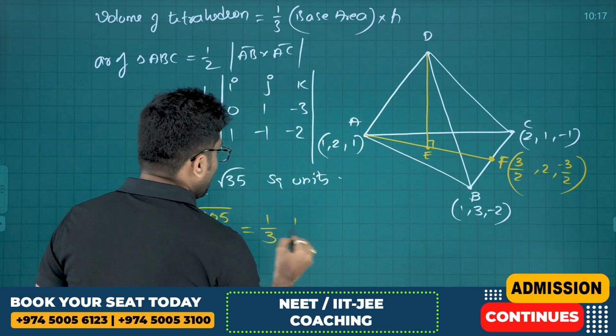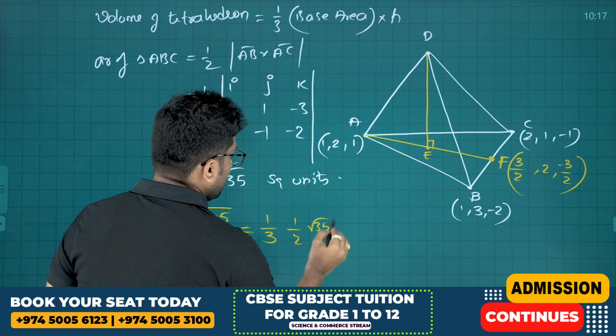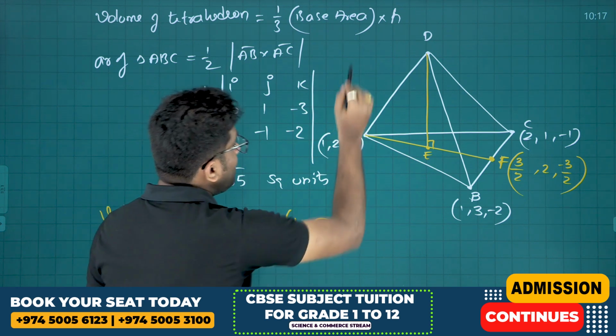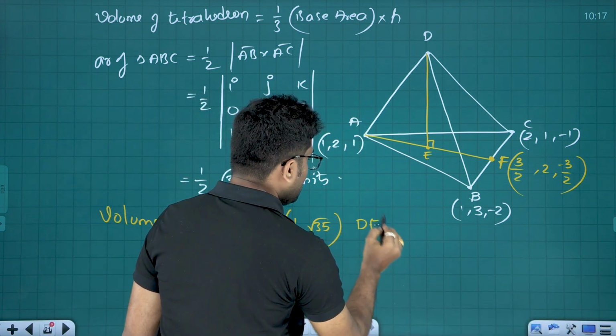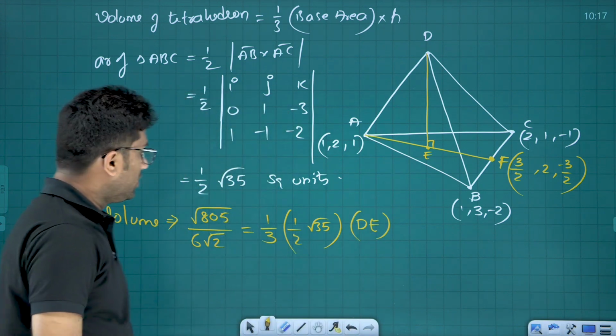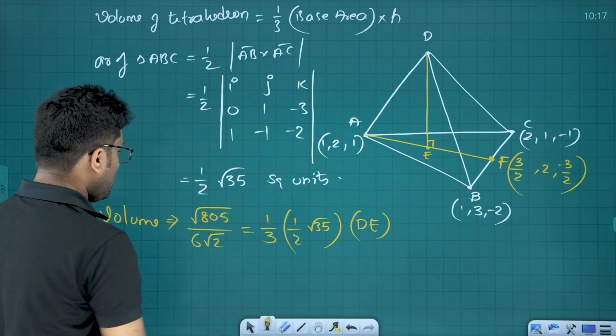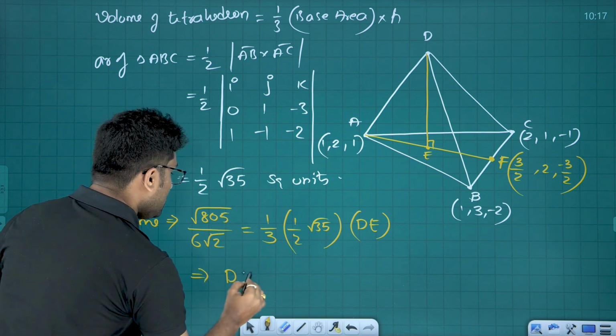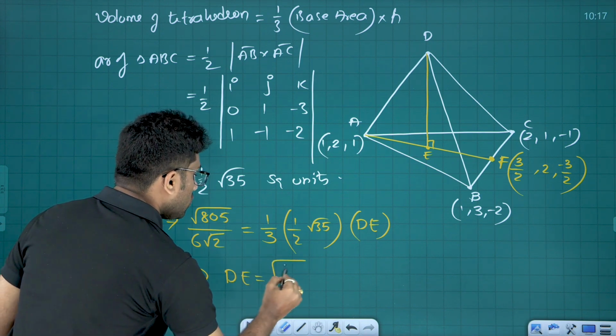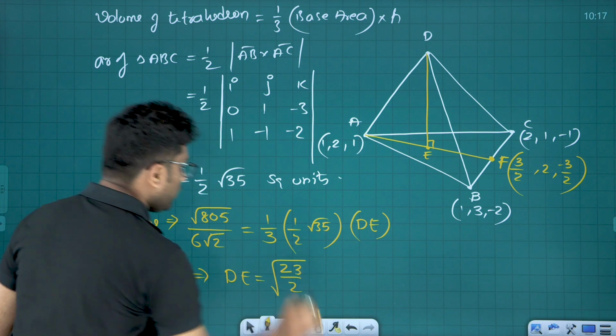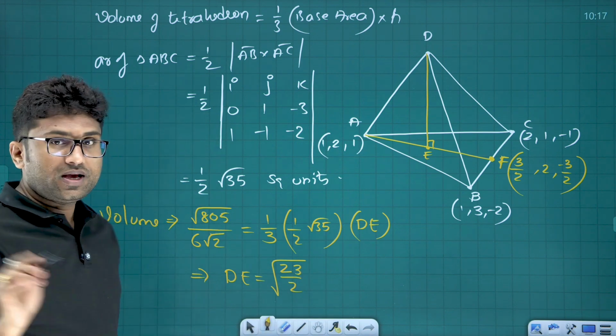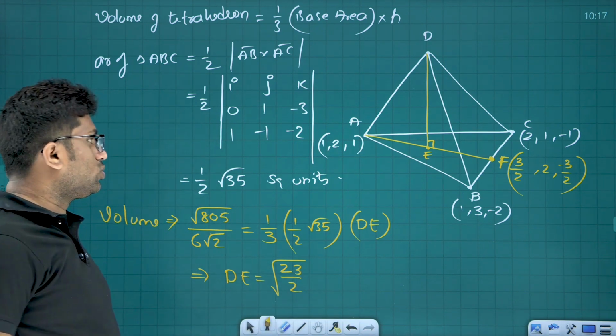What is the base area? Half into root 35 into height. The height is DE. From here, if you simplify, DE is equal to root 23 by 2, friends.